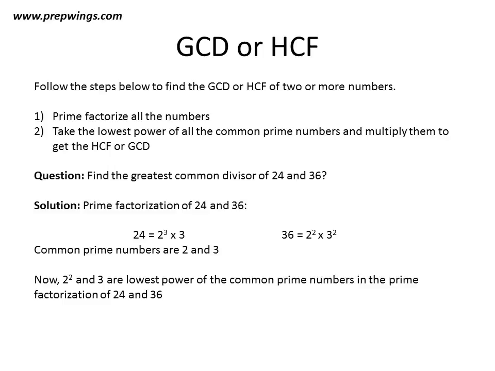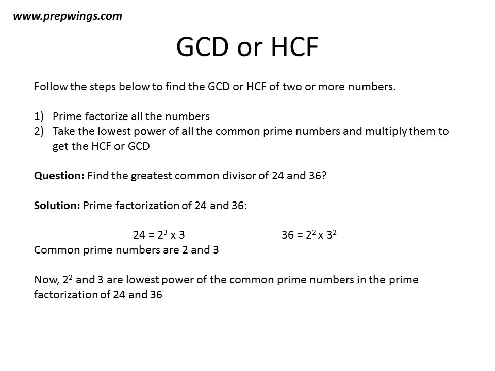Now the lowest power of the common prime numbers we have to take. Okay, so 2 has a power of 3 in 24 and 2 has a power of 2 in 36. So 2 raised to power 2 is the lowest power of 2. Okay, now similarly 3 has a power of 1 in 24 and 3 has a power of 2 in 36.